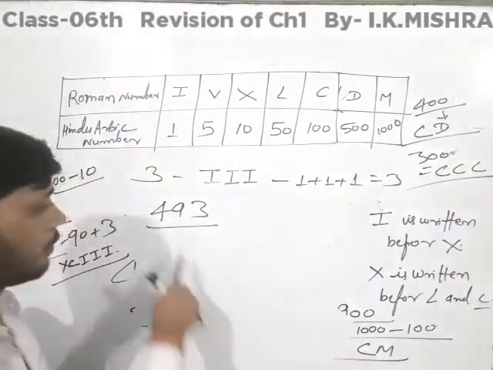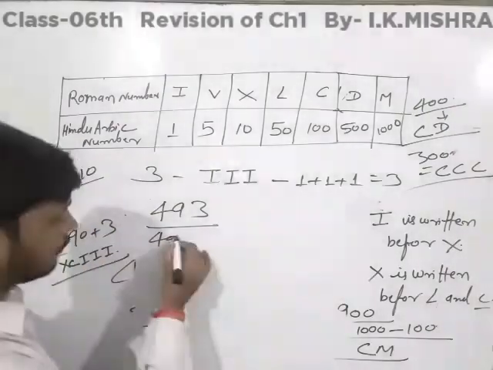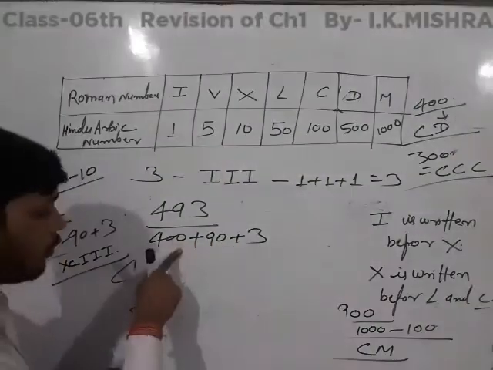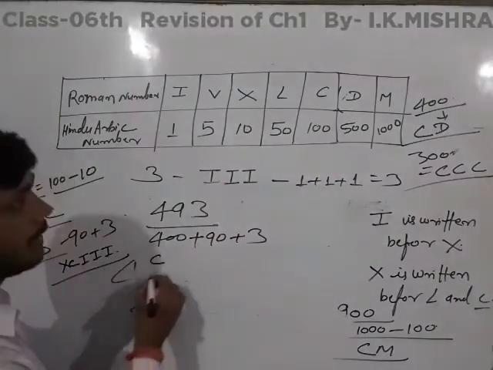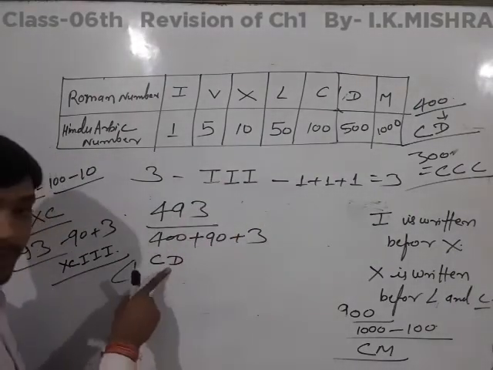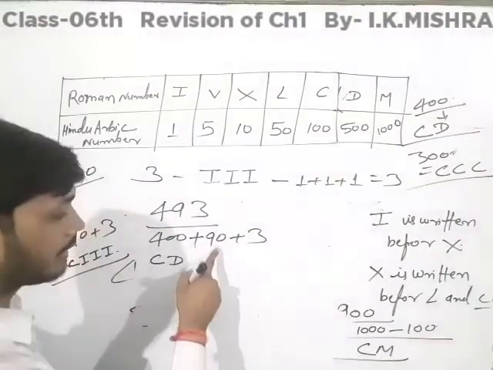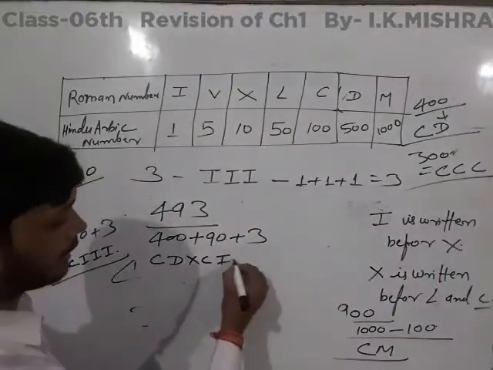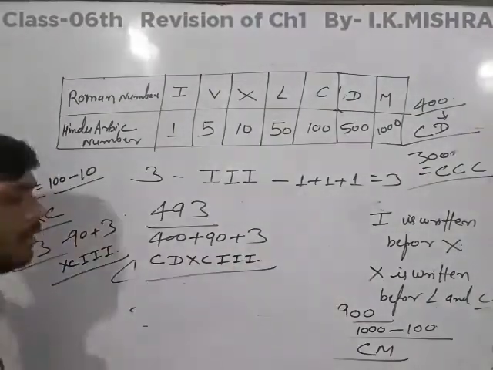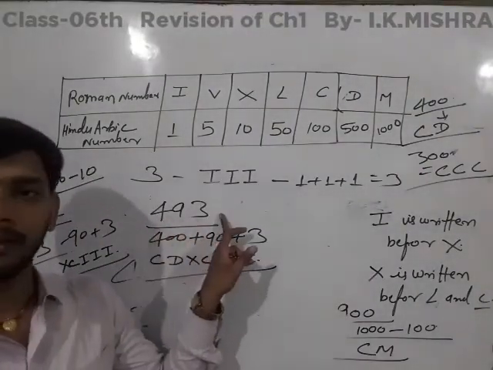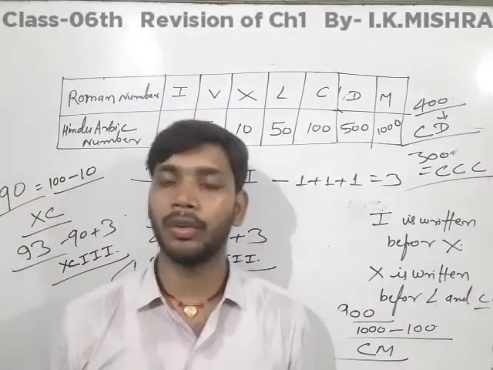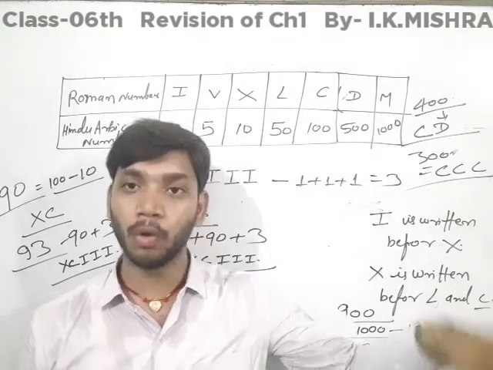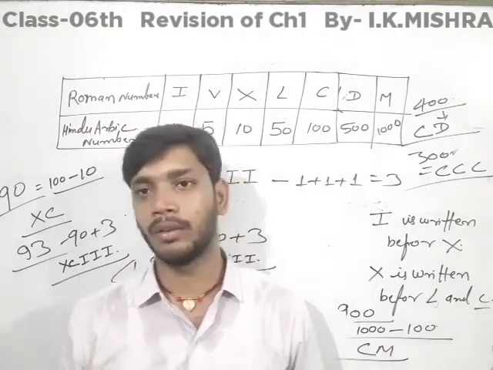That means, students, first of all write 400, plus 90, plus 3. For 400 you write CD, for 90 you write XC, and then III. This is 493. Similarly, students, you can write all the numbers given in your book exercise in Roman numbers.